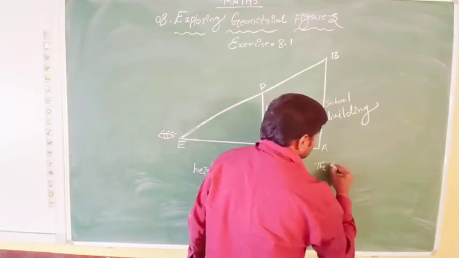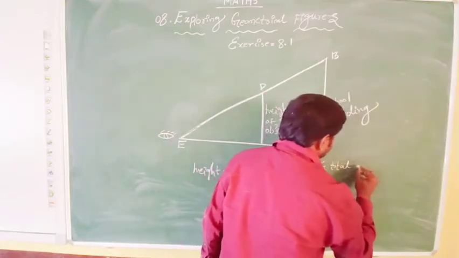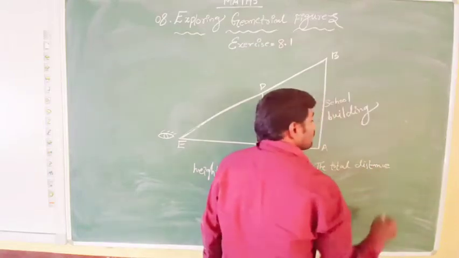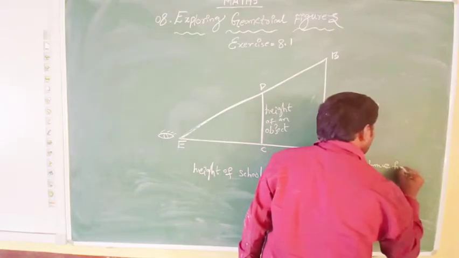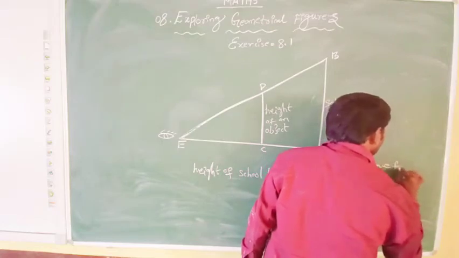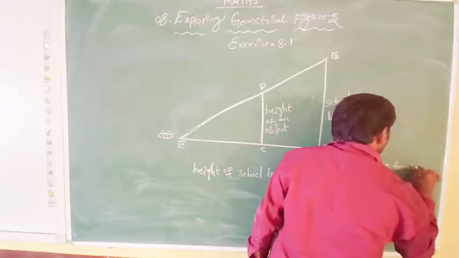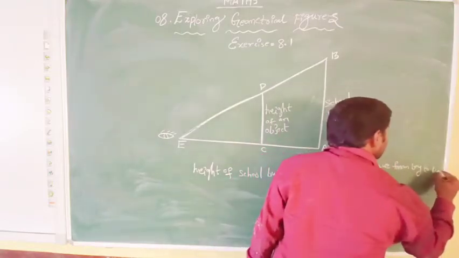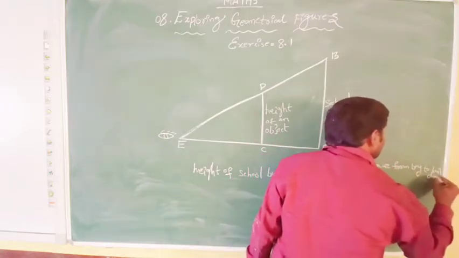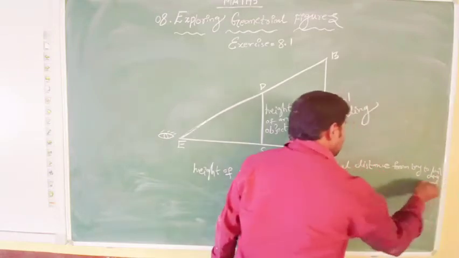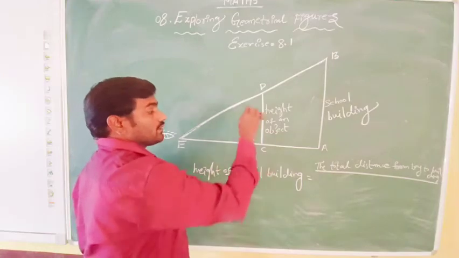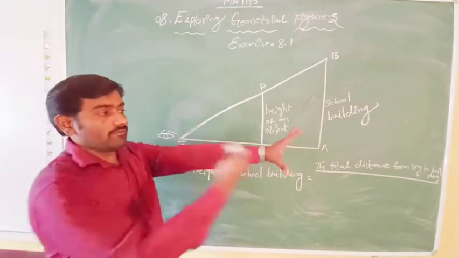the total distance from the boy to the building, divided by the distance of the arm.